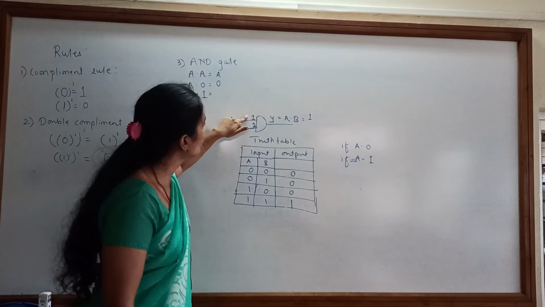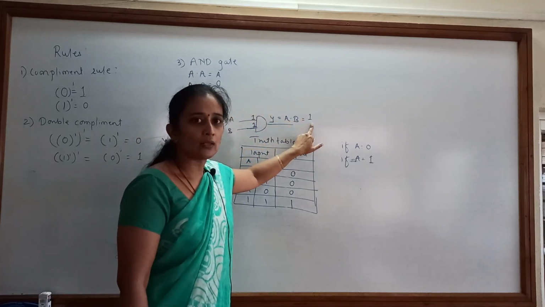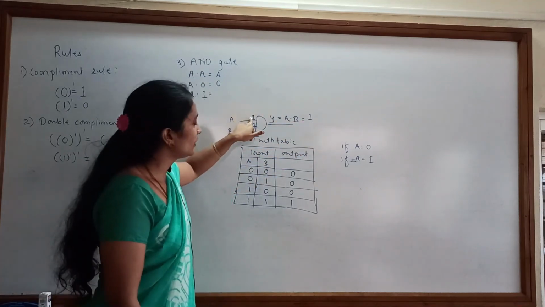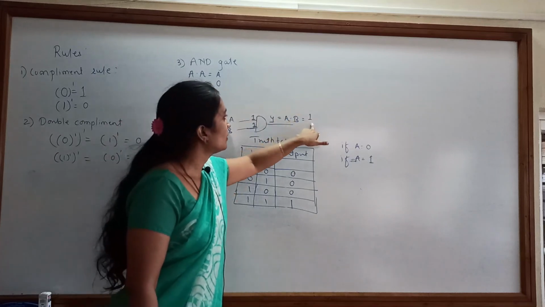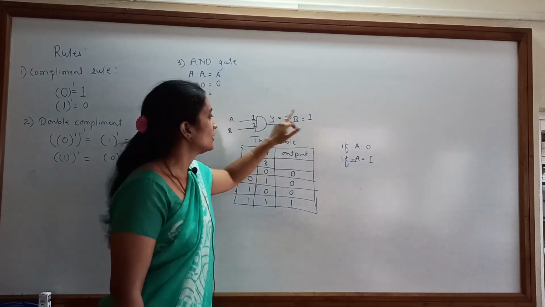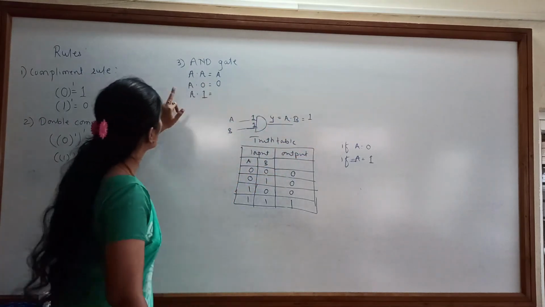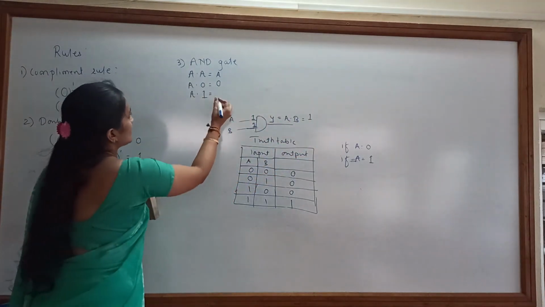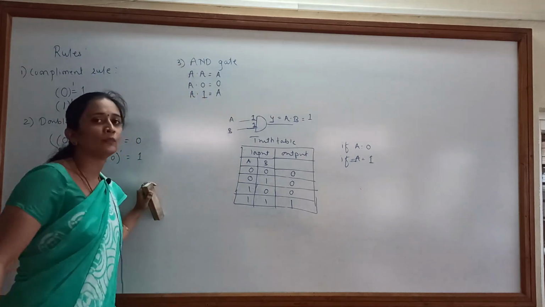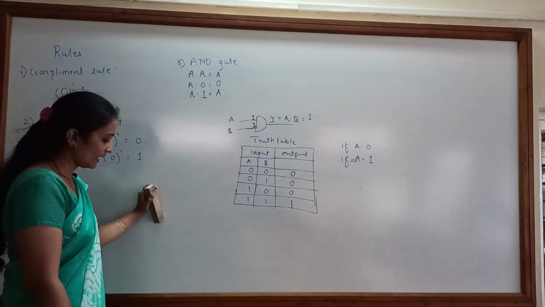If we provide here 1, we will get here 1. Means whatever we are giving as an input, that we are getting as an output. Therefore, we are giving A, output will be A. Therefore, A into 1 is equal to A. This is the third rule of AND gate.